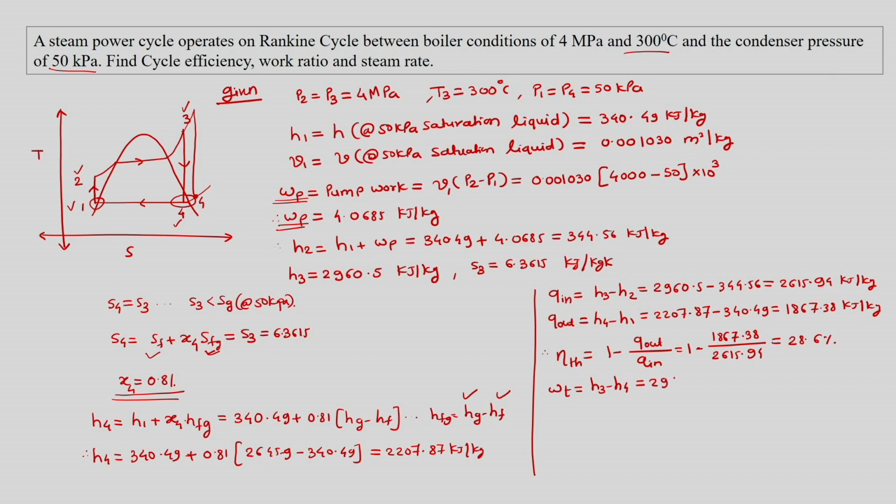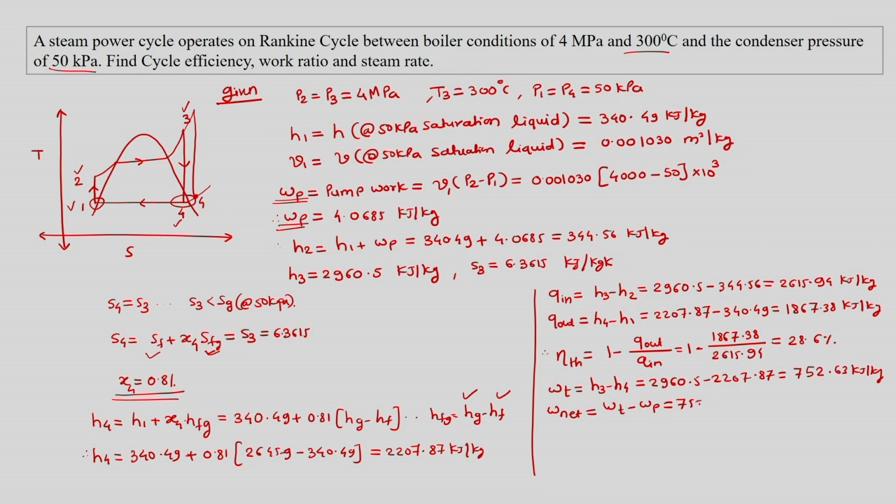H3 is 2960.5 minus H4 as 2207.87, and this gives us turbine work as 752.63 kilojoule per kg. Pump work is already found out, so we can get W net, and W net is Wt minus Wp.